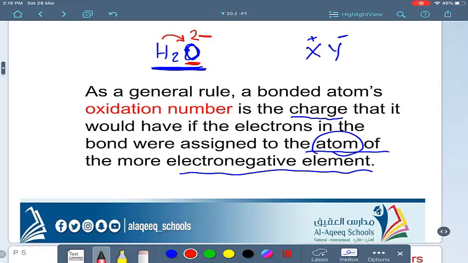The other atom, hydrogen, has electronegativity less than oxygen, so it has a positive charge, positive 1 for each hydrogen because there are 2 hydrogens. The overall charge of the 2 hydrogen atoms is positive 2, which with negative 2 makes the overall charge of any molecule 0, as we are going to study in the rules afterward.